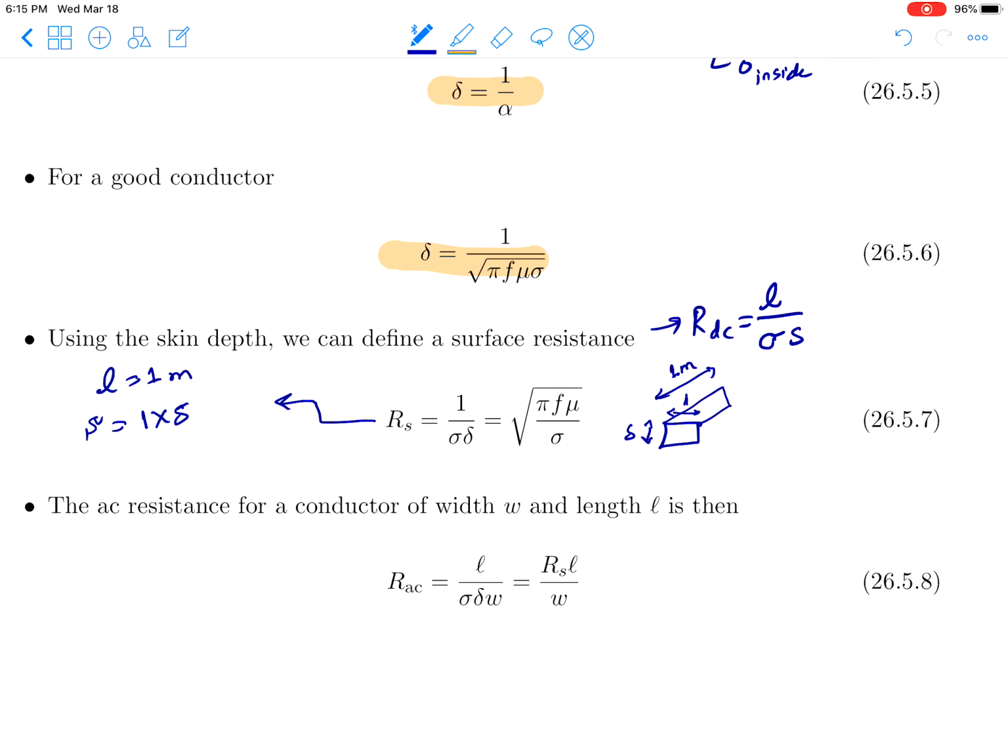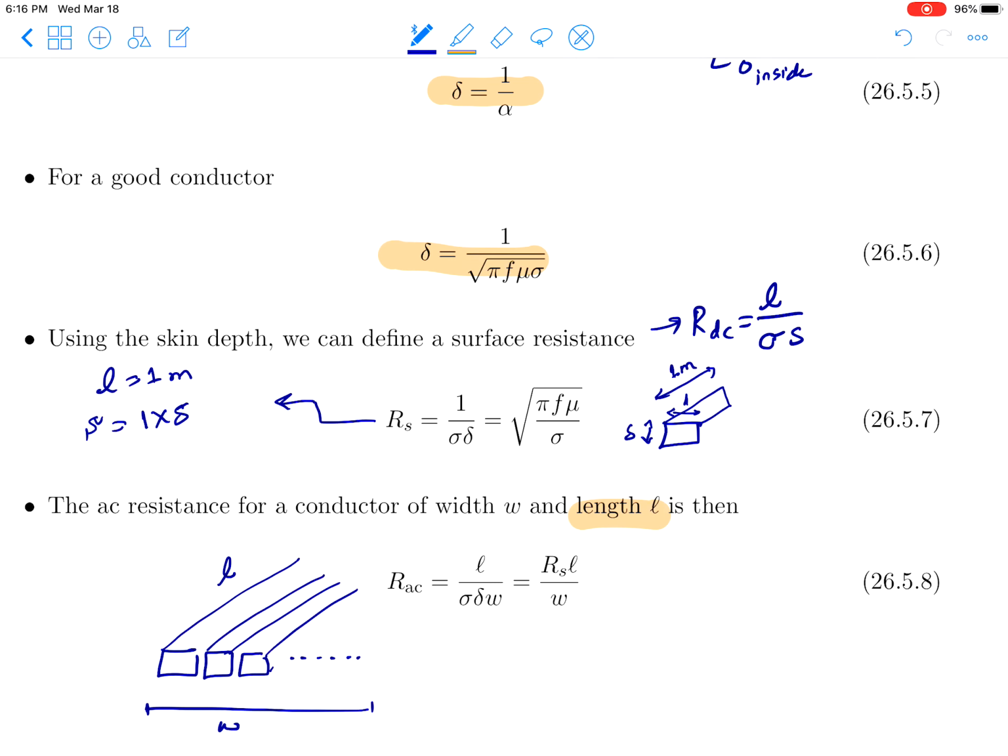Now, if I have a conductor with the width W, then I can bring those small surfaces next to one another, and if the conductor has a length L, then each small component will extend to L, and it can continue until the total width is W. The thickness is delta, so the surface area for those is delta multiplied by W.